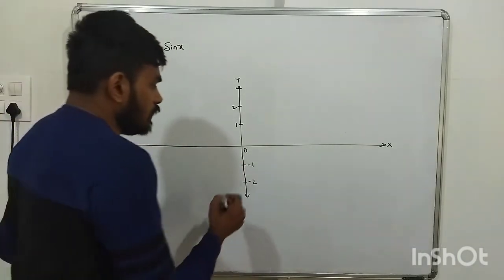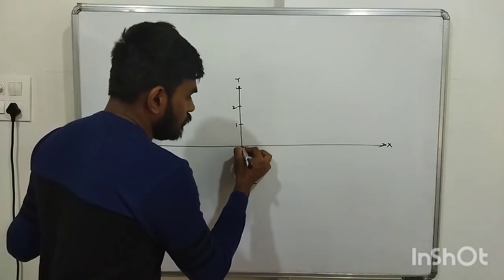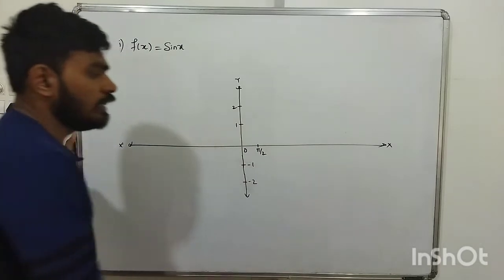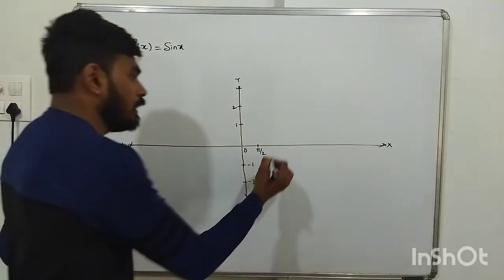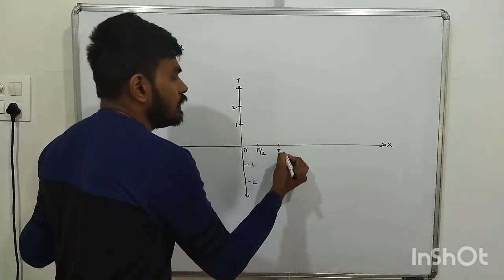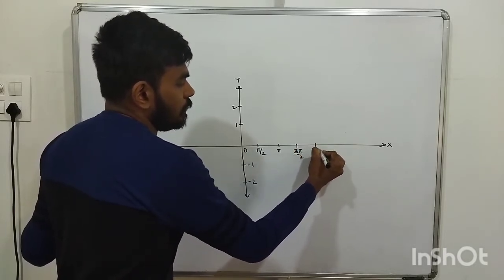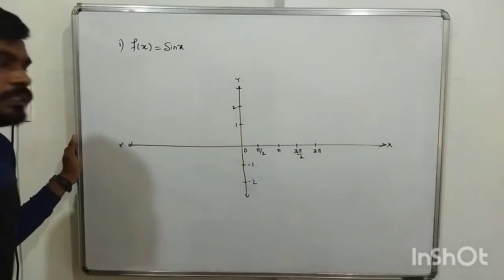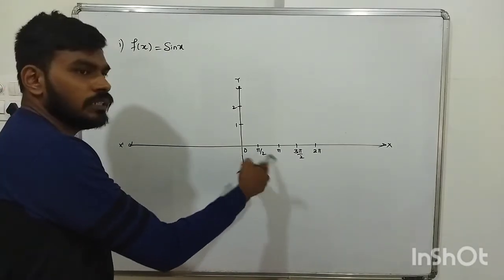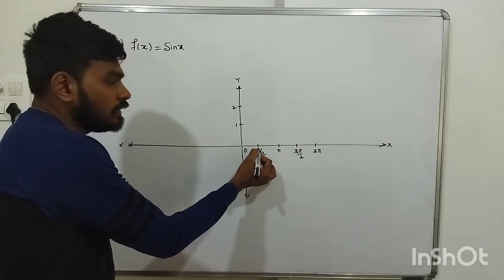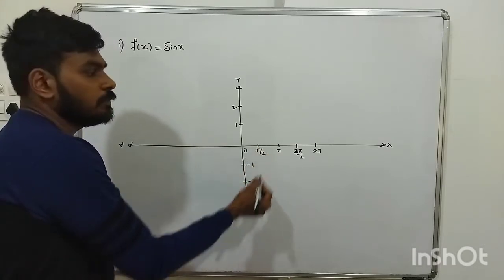So I'll start with 0, then here I will take pi by 2, that is 90 degree, and here I will take pi, 180 degree, 3 pi by 2, 2 pi. As we all know pi by 2 is 90 degree. If you want to convert into degrees, in place of pi we can say it is 180 degree, so 180 degree upon 2 is 90 degree.